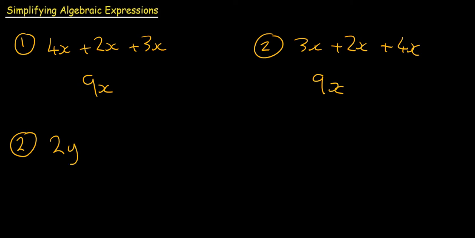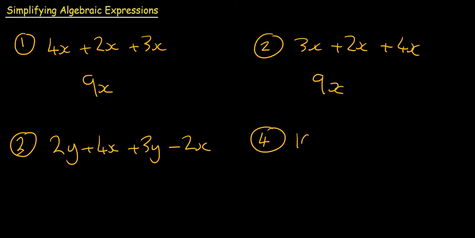Let's do 2y plus 4x plus 3y minus 2x. And let's do 10y minus x plus y, negative 2y plus 4x. Okay, now these are slightly different. Pause the video and see if you can simplify these.